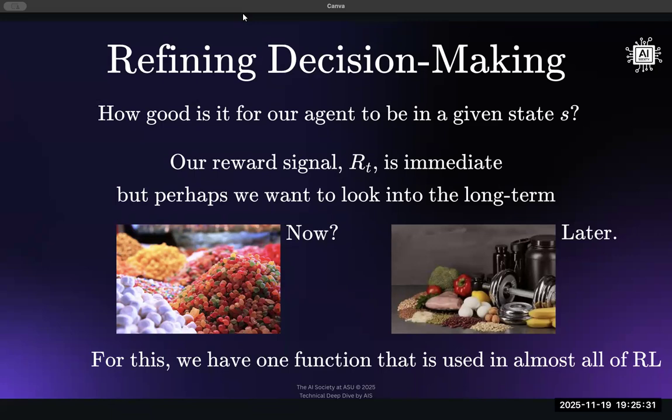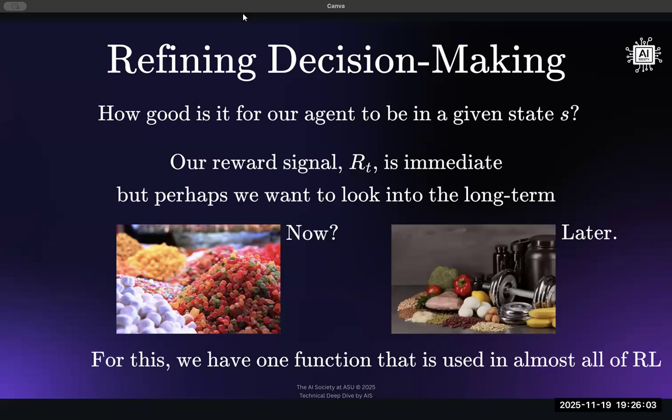One analogy is, should I for lunch eat fast food or candy, or think about my health long term and perhaps actually ditch the candy, ditch the sugars, and eat something healthier, go to the gym. The reward signal is immediate, but maybe we want to look into the long term. We want to make informed decisions. We don't want to just take whatever's there and be happy with that, right?